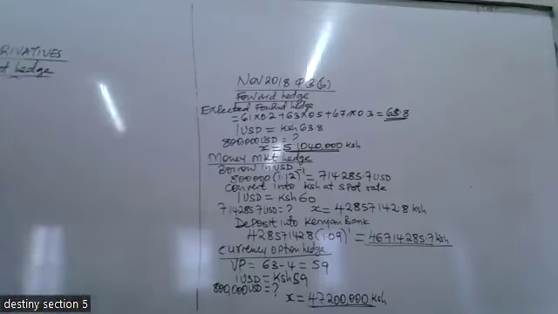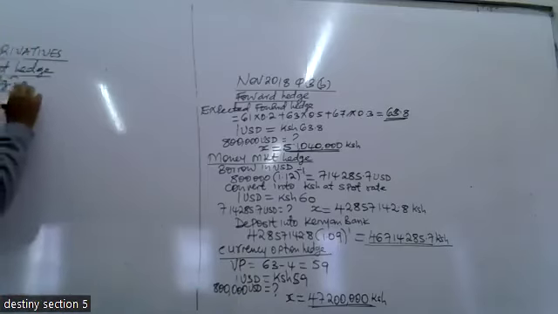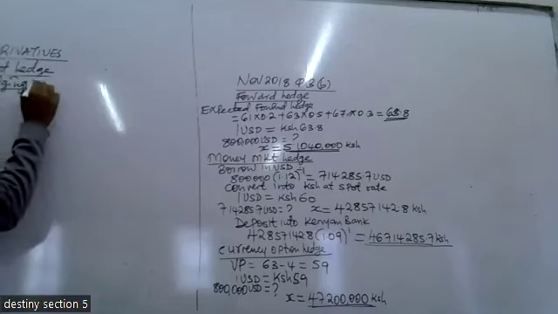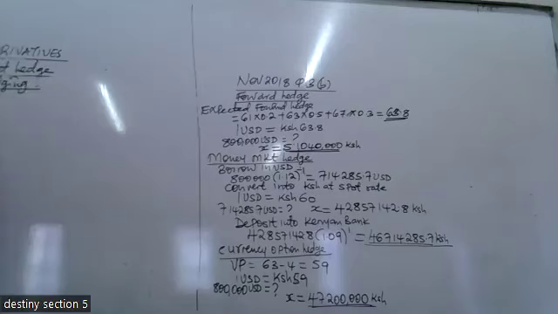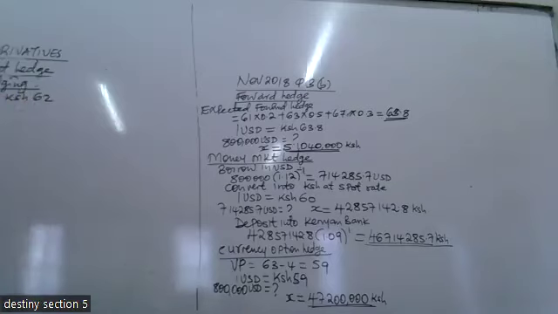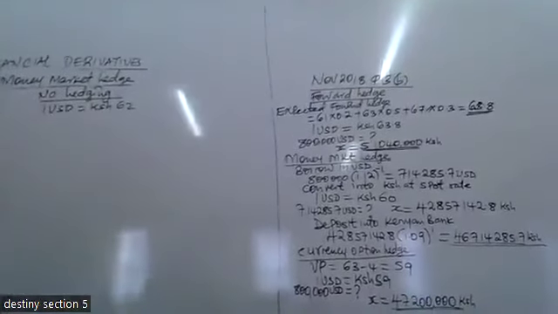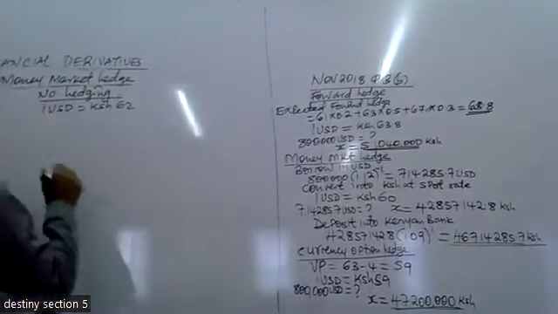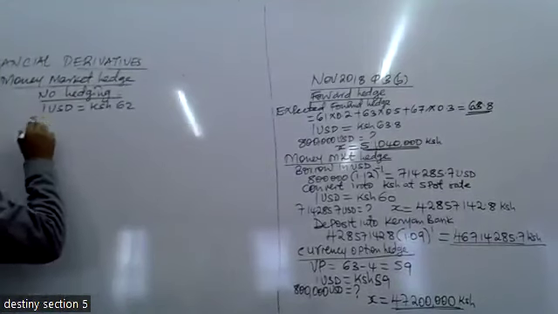So if no hedging, what is our future spot rate? No hedging, 1 USD is trading at Kenya shillings what? 62, right?